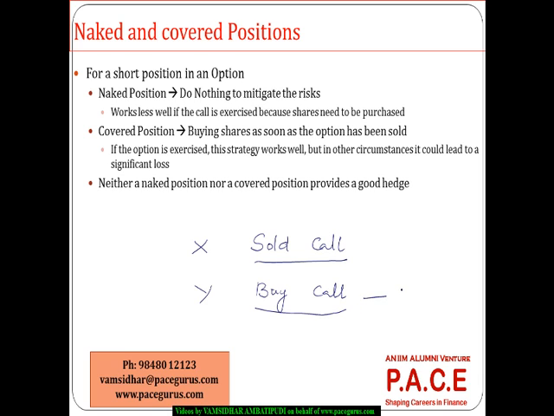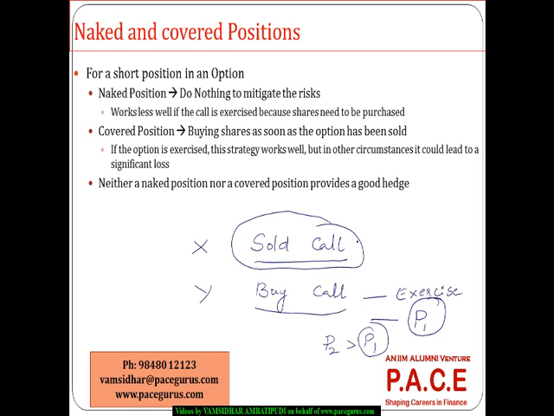If Y is going to exercise this option, means he will buy the underlying asset at a future price P1, at a price P1 which is already fixed. And obviously he will exercise this option when the market price P2 is greater than P1. Now it would be mandatory for X to sell that asset at P1. Now imagine that X does not have that asset.